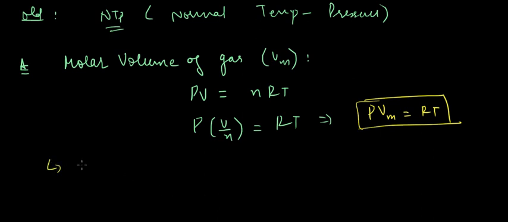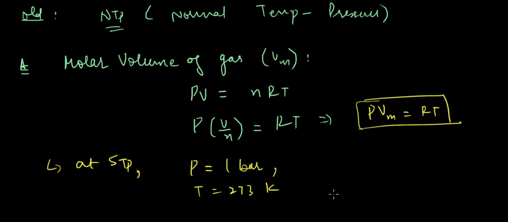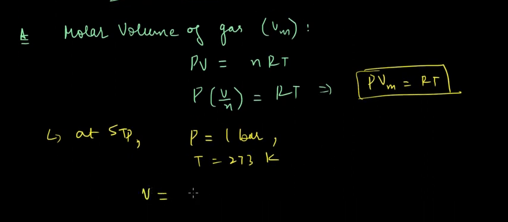So at STP, what will happen to the equation? Standard temperature and pressure means pressure would be 1 bar and temperature would be 273 Kelvin. So what happens to the volume?